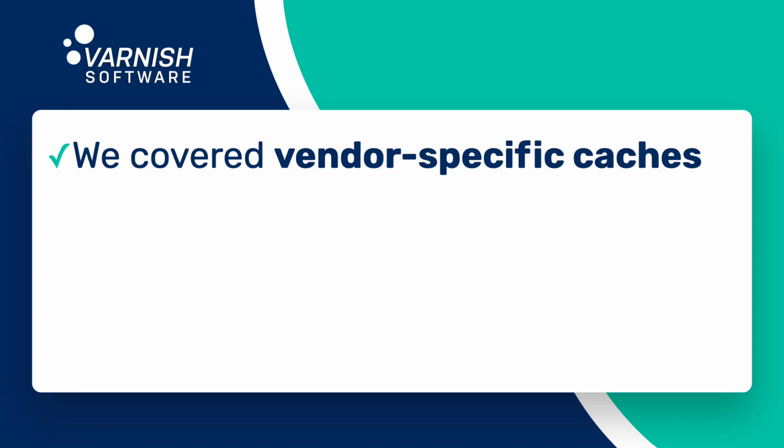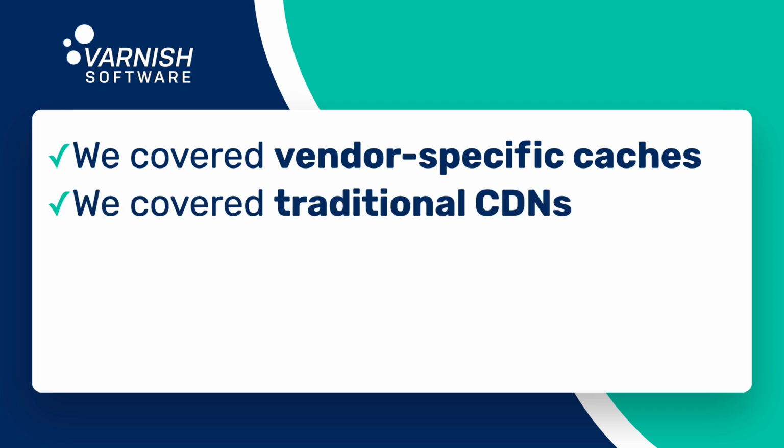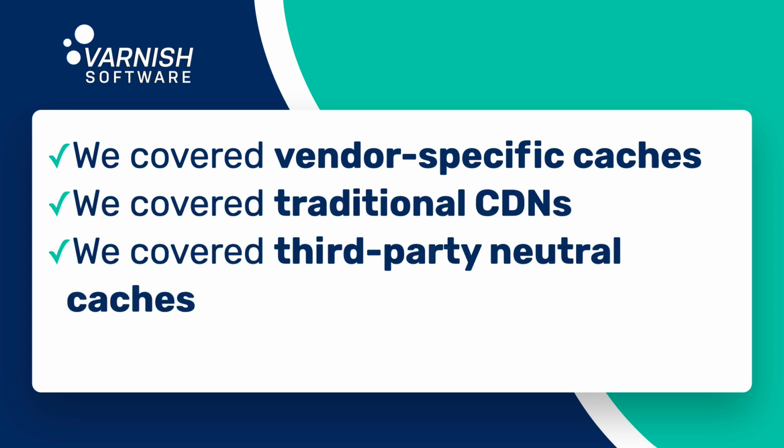Yeah, yeah. And we are also seeing some trends. We covered the vendor specific cache. We covered traditional CDNs. We covered third party neutral caches, which Varnish is one of. As far as what's coming down the line for Varnish, just a little preview.